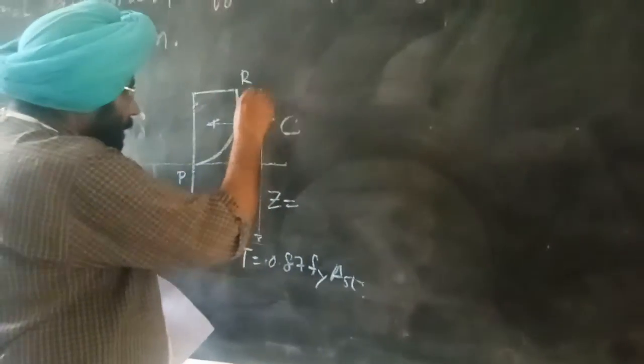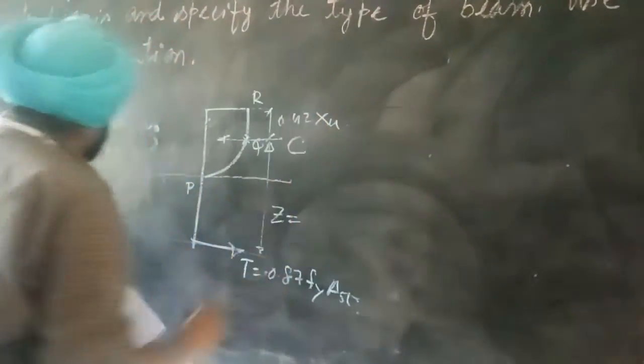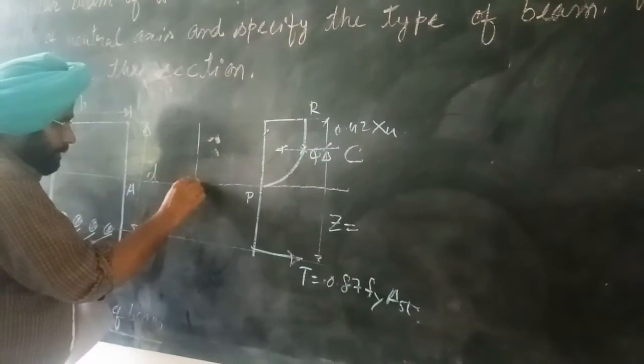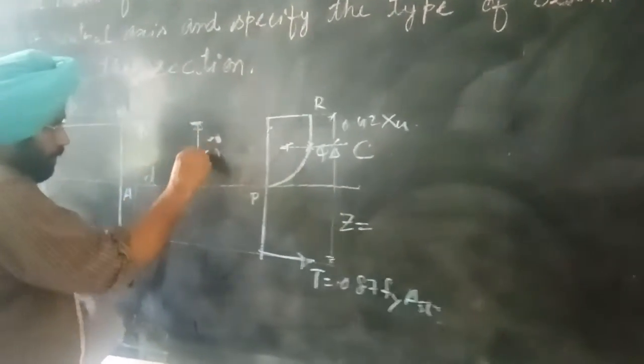And C is 0.36 fck b xu, where xu is the depth of the neutral axis.